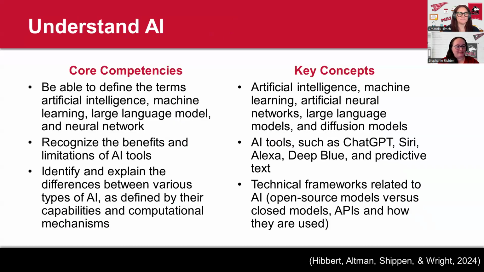Next slide. So the first level is understanding AI. This is the foundation knowledge that students need in order to do things that are more advanced with AI. At this level, you would expect students to define terms, maybe understand in a broad sense how generative AI tools function, and differentiate certainly generative AI from other forms of AI.